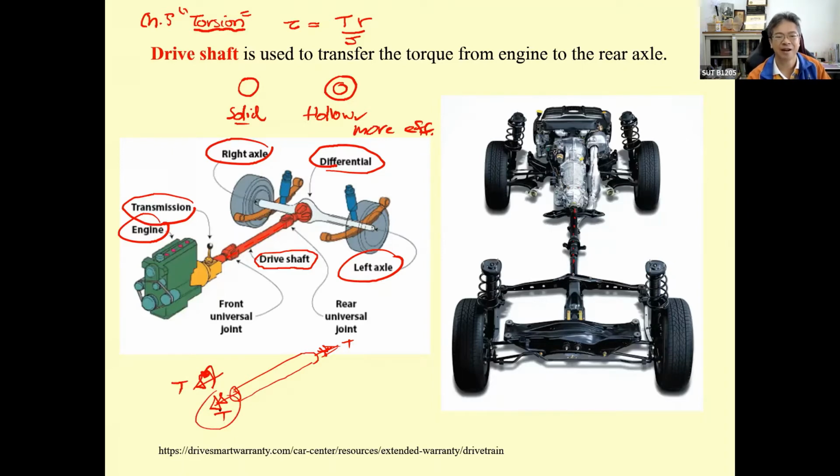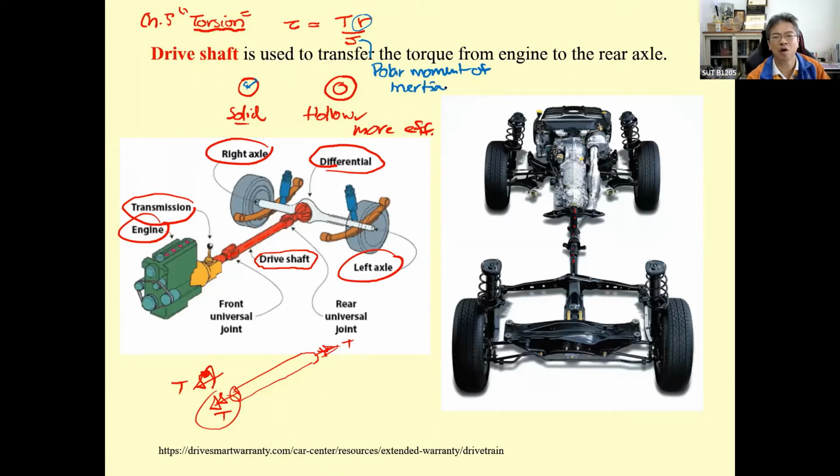And again, R is going to be the radius of this solid section, and R can be any length from the center to the outer layer of the shaft. And the last one, J. J is going to be called the polar moment of inertia.